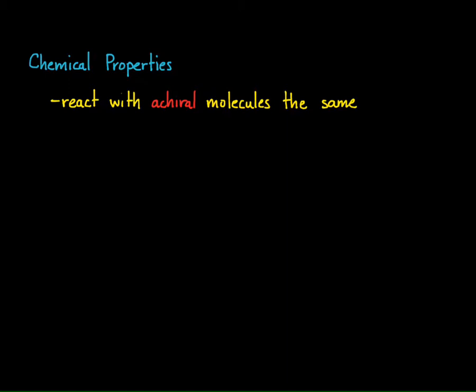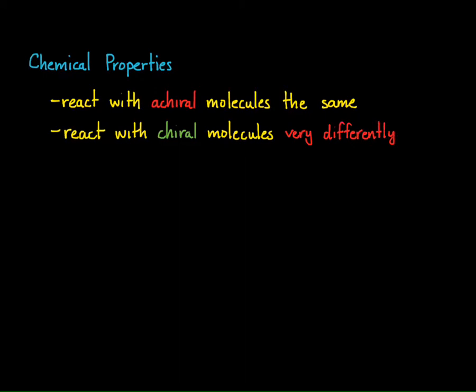The big difference is that when you have two enantiomers reacting with other chiral molecules, the results can be very different. So if I think about the two enantiomers of carvone, plus carvone and minus carvone, one is spearmint, the other is caraway seed oil.